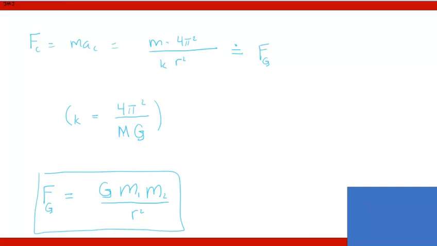And so I'm going to come back up here and make note that this is essentially mass 2, this is essentially mass 1. I've made that little change because this is true not only for large things like planets and stars, but even individual people have some gravitational attraction between them.